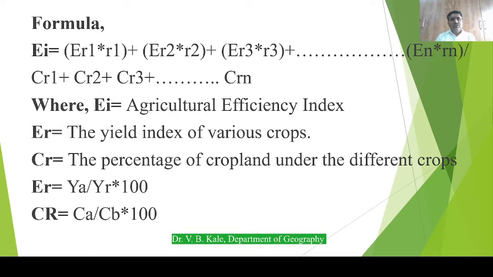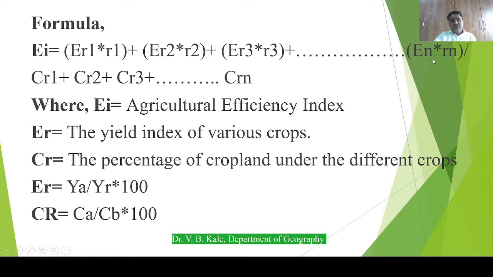So, the most important thing over here is he has formulated one formula for the calculation of agricultural efficiency, and that formula is over here. EI, the Agricultural Efficiency Index, is equal to ER1 into R1 plus ER2 into R2 plus ER3 into R3, up to n number of crops.